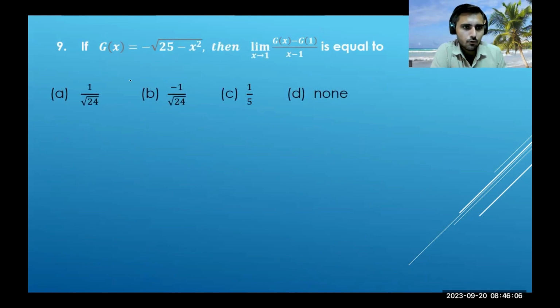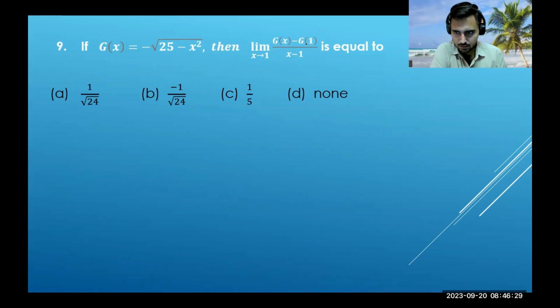Okay, so now we have a function g, and we need to find the limit as x tends to 1 of this expression. So first we can see, right, if we put limit 1, we'll get g of 1 minus, we have already g of 1, upon 1 minus 1.